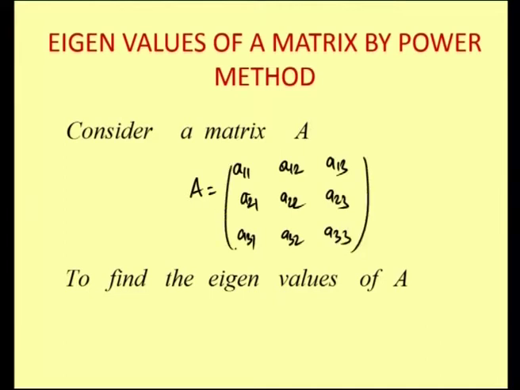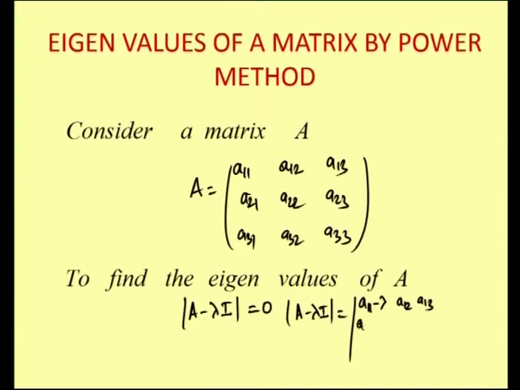To find the eigenvalues of this matrix, we solve the characteristic equation determinant of A minus lambda I is equal to 0. That is, determinant of A11 minus lambda, A12, A13, A21, A22 minus lambda, A23, A31, A32, A33 minus lambda is equal to 0.